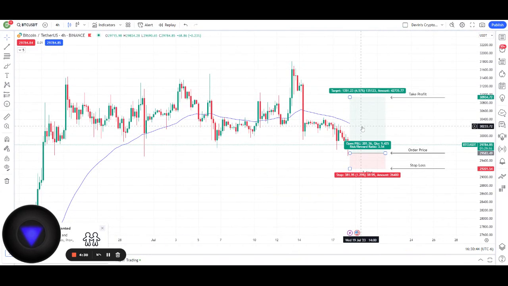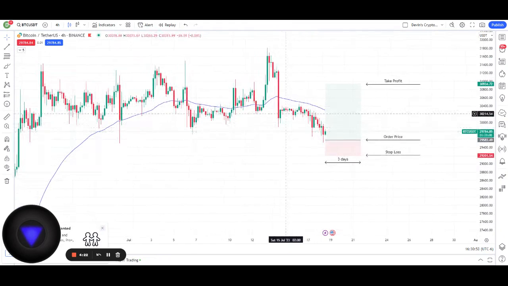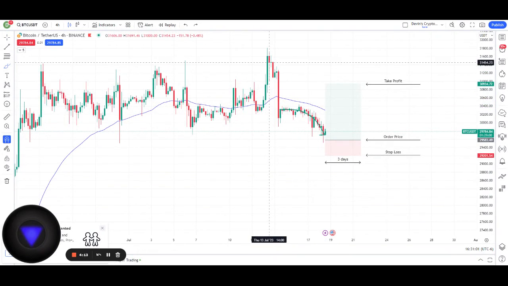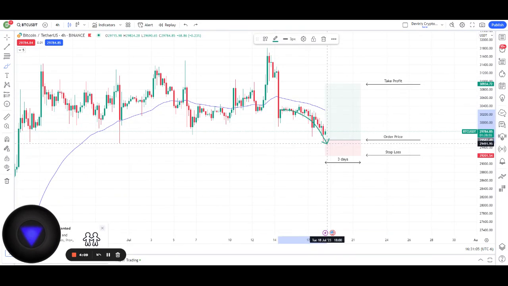And the next thing is the move. Move refers to the direction that we think the price is going to go. So this is a downward move, obviously. This is an upward move, obviously. When it's downward like this, it's called a short trade.